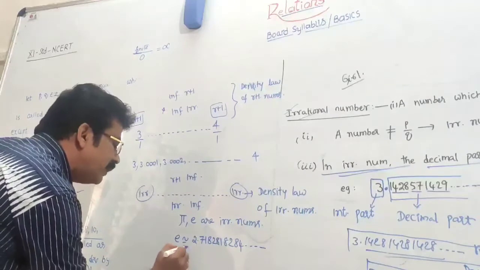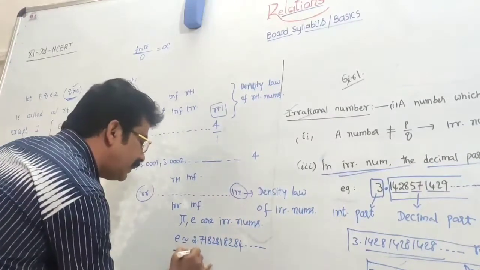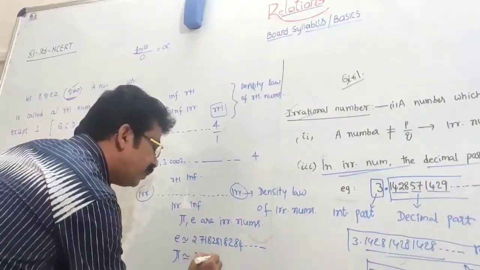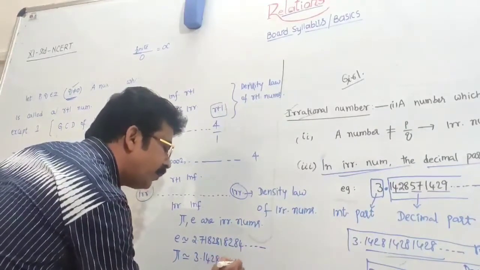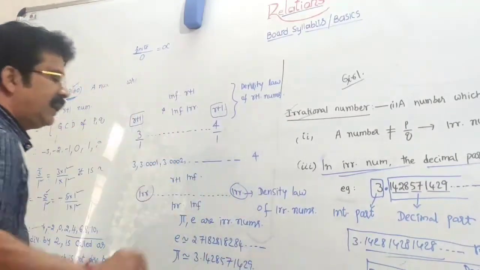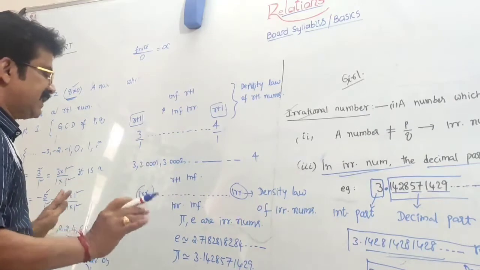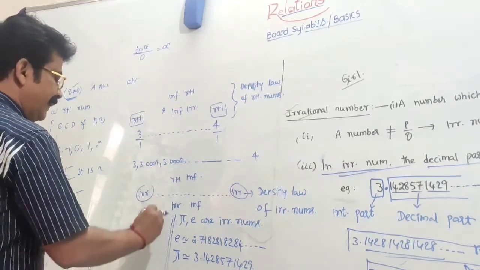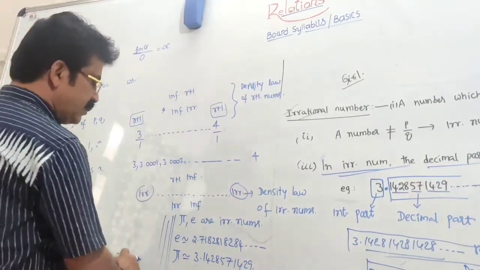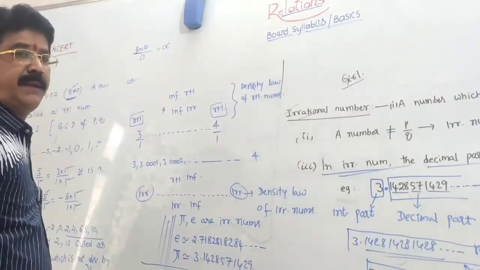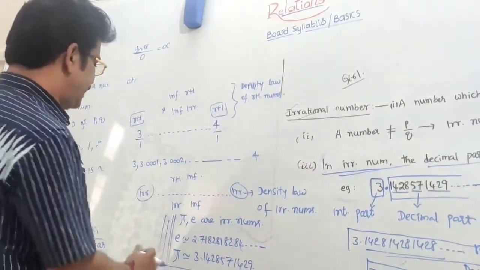Next, the pi value. Pi is approximately equal to 3.1428571429 and so on, just like that. So in this lesson, these 3 points are very important. It is useful for IIT, JEE and other competitive examinations.